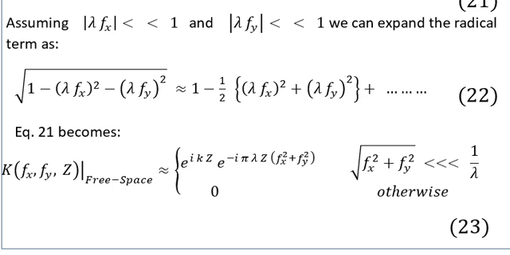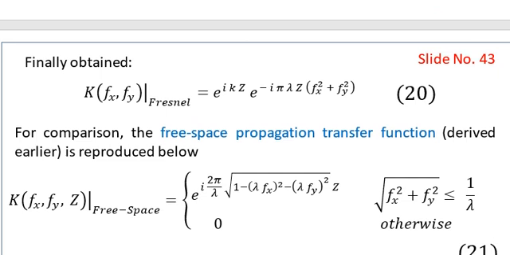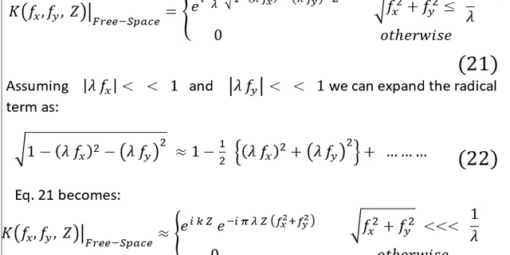Otherwise this quantity is equal to 0. So in the free space transfer function, you can see that the non-zero quantities, e to the power iota kz multiplied by e to the power minus iota pi lambda z, with fx square plus fy square in the bracket, are the same as those appearing in the Fresnel transfer function, that is this one.